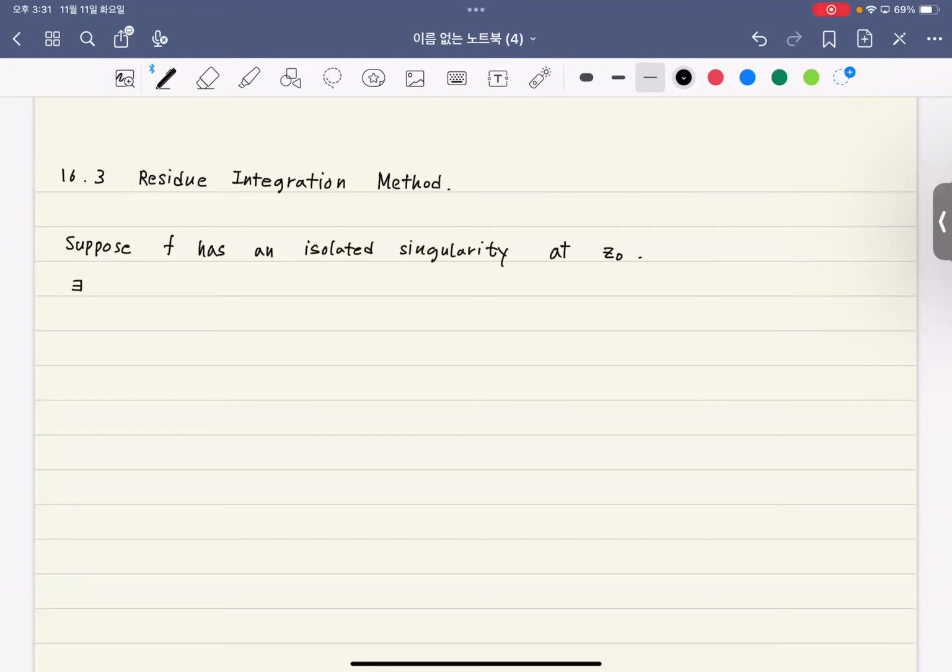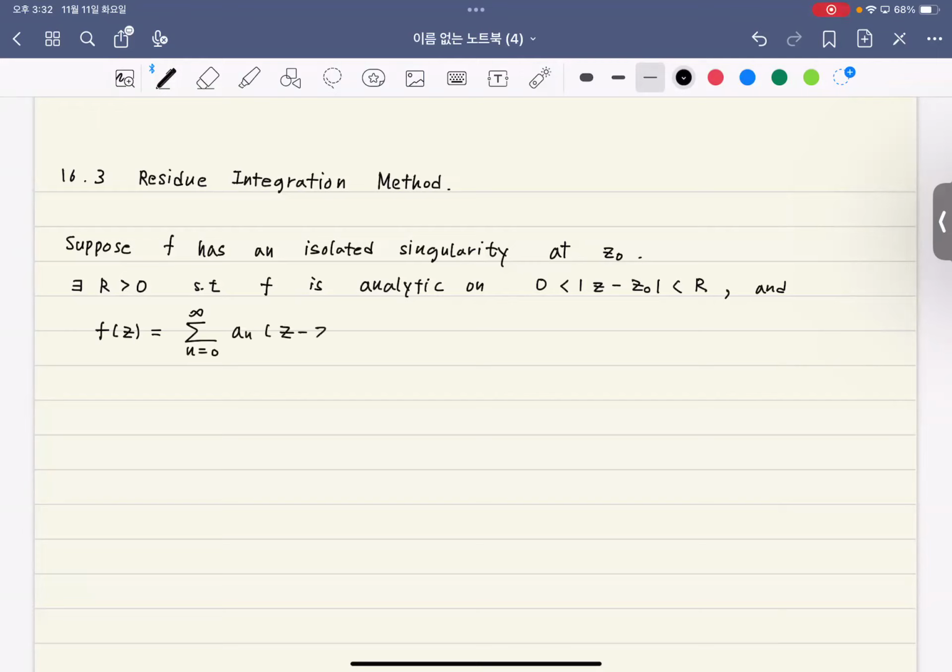in this case, you must be able to find some positive number, I would say r, such that f is analytic on this annulus of radius r, and the Laurent series of this function about this point should be something like this.